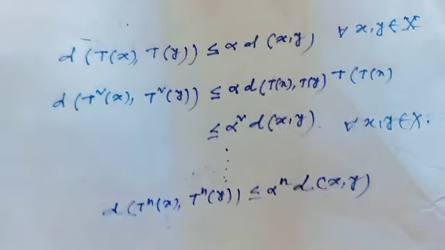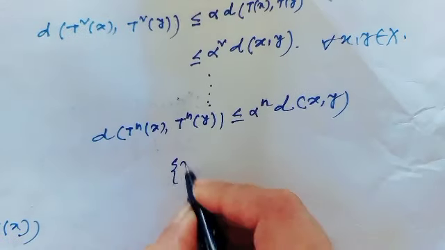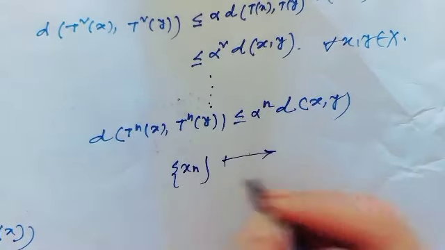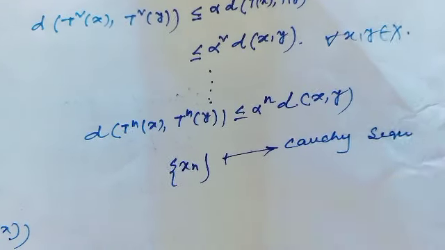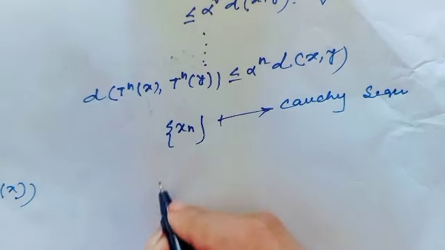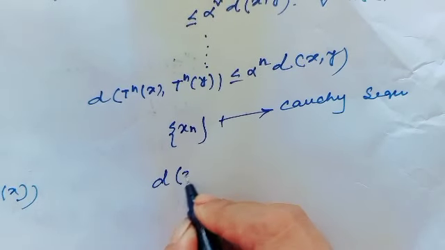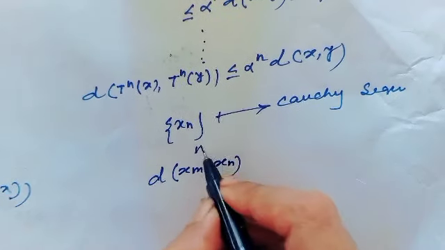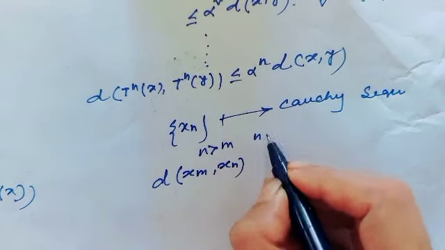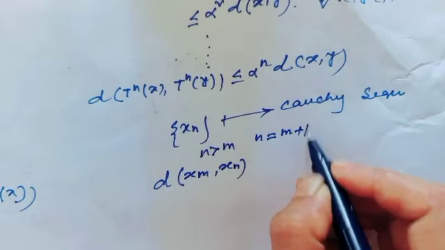Now we have to prove the sequence xn is a Cauchy sequence. For this, we all know we have to prove d of xm comma xn is less than epsilon, where n greater than m. Consider n equal to m plus p.